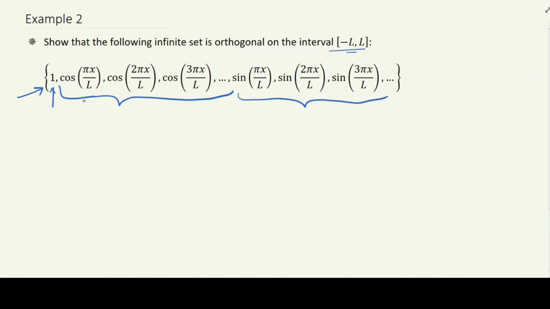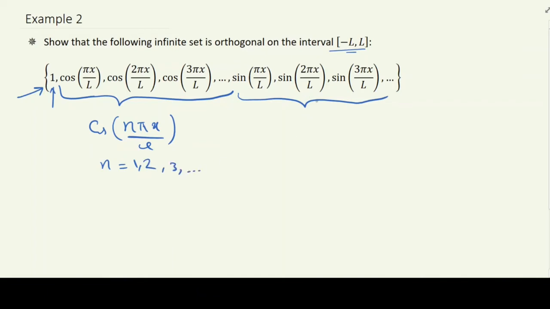The second one is going to be a formula that represents all these cosine functions, and that's going to be cosine n pi x over L, right? And n is going to be a positive integer, 1, 2, 3, etc.